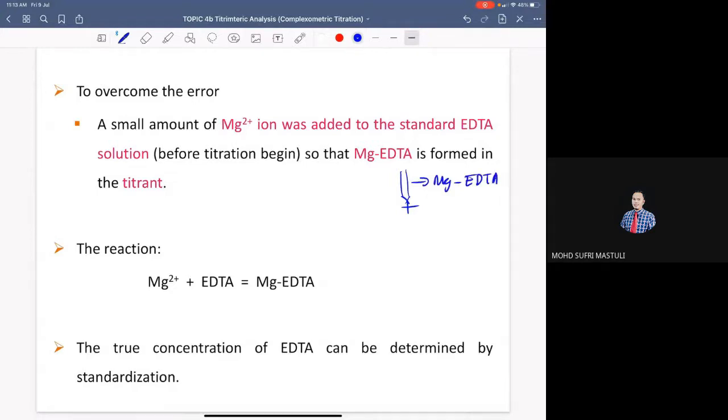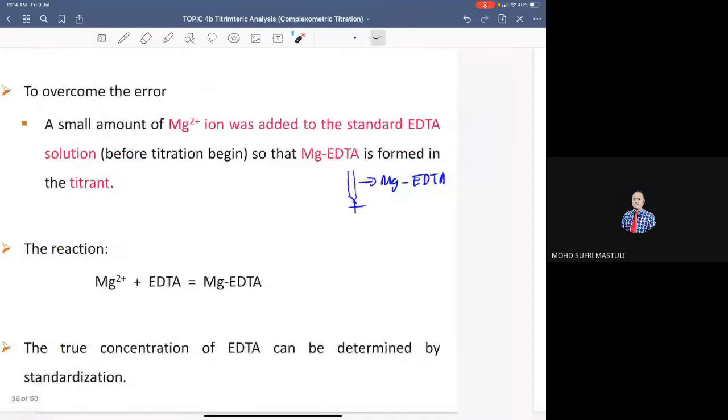All right. So the true concentration of EDTA can be determined by using standardization. Hopefully you still remember what standardization is all about. If you forget about it, please refer to the previous video.